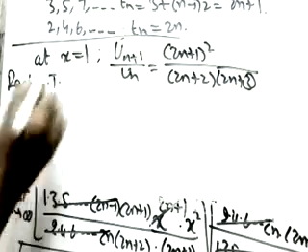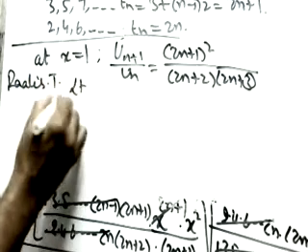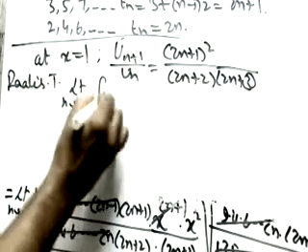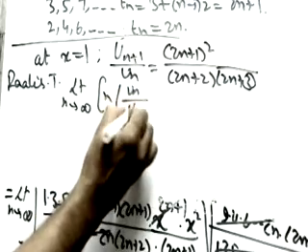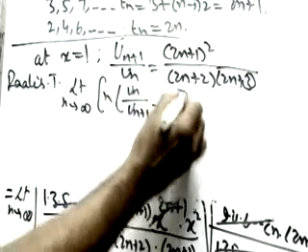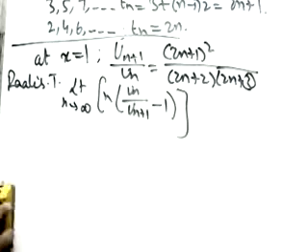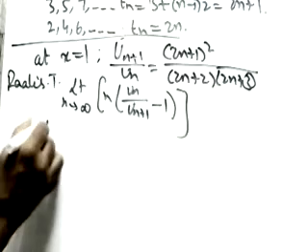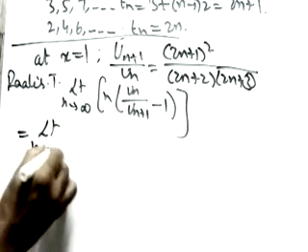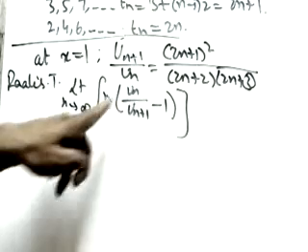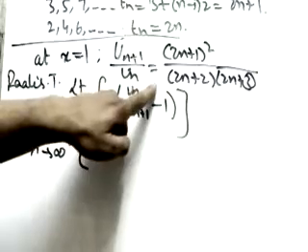Now let me use Raabe's test. What is Raabe's test? We have to find limit n tends to infinity, n into un by un plus 1 minus 1. We have to find this. So already we are having un plus 1 by un. Now let me do one thing. Limit n tends to infinity, n into un by un plus 1 is the reciprocal of this.